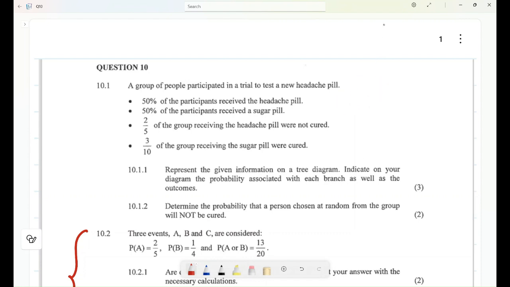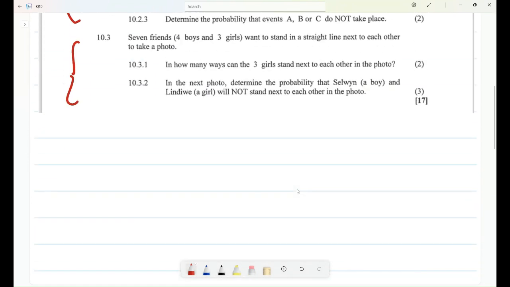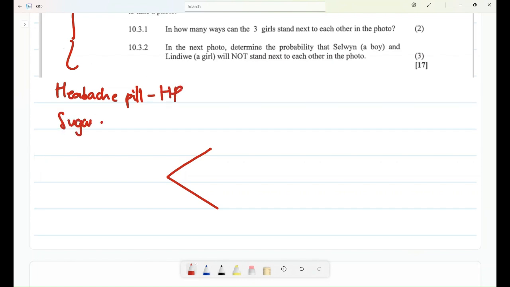So let's capitalize this space. I'm going to start first by branching the type of pill. I'm going to say headache pill and sugar pill.